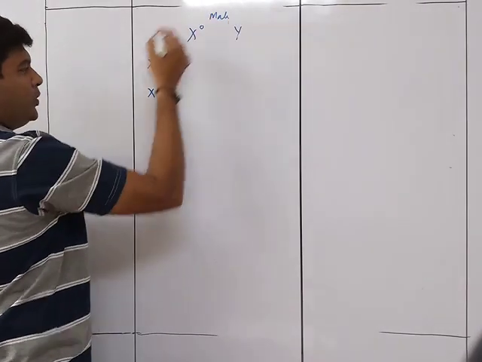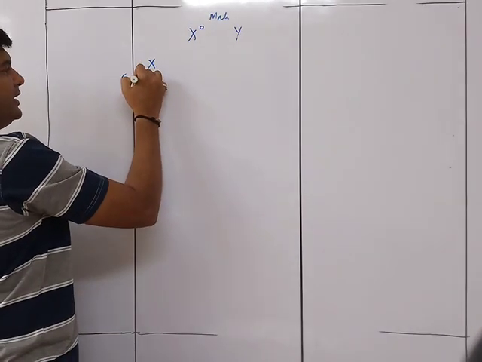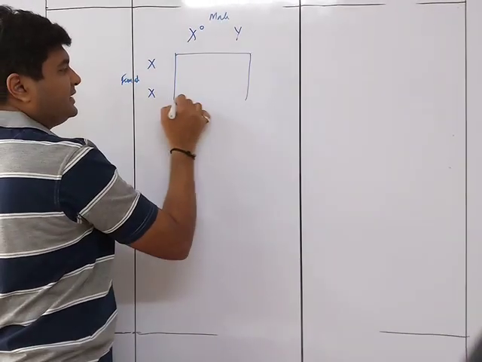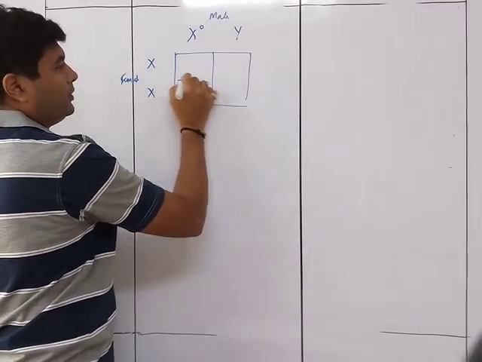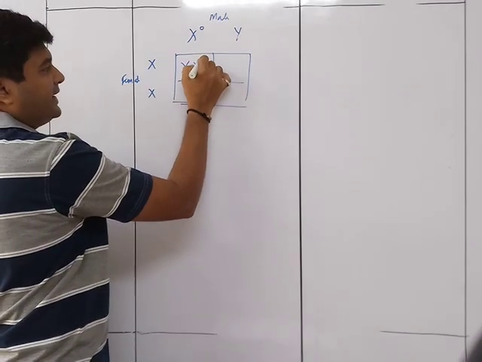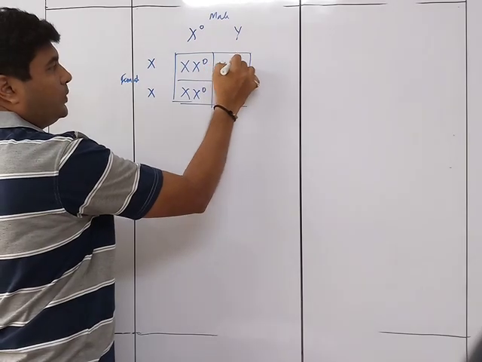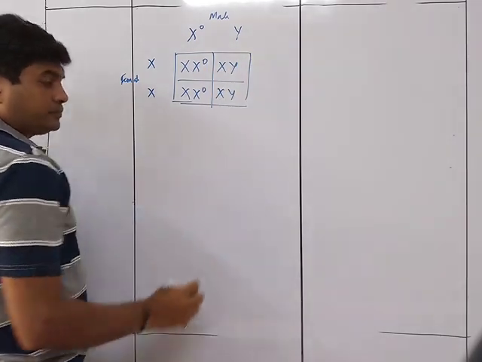We'll always take the male on one side and the female on the other. The resultant will be one X and X0, another X and X0, XY, and XY.